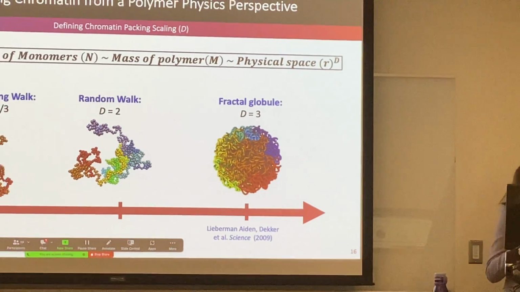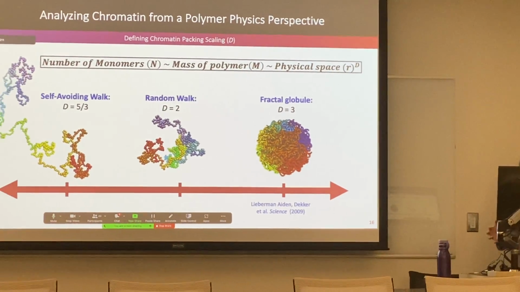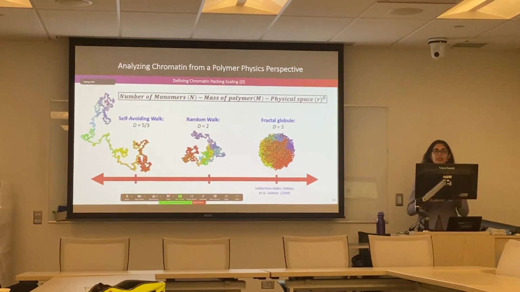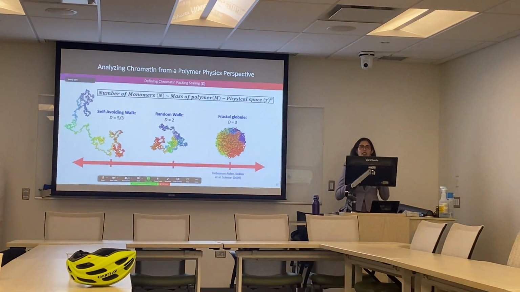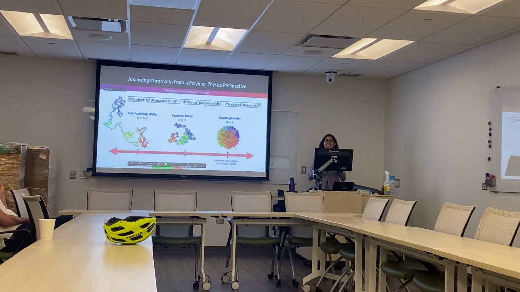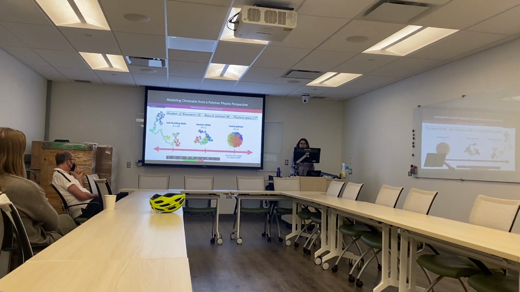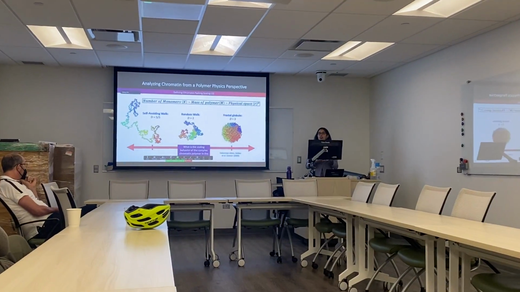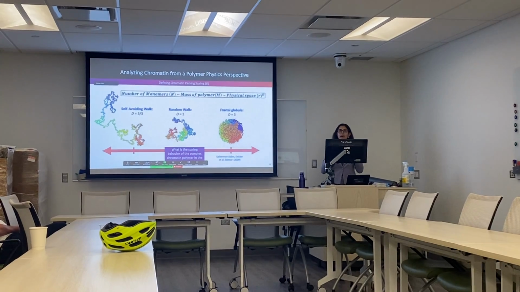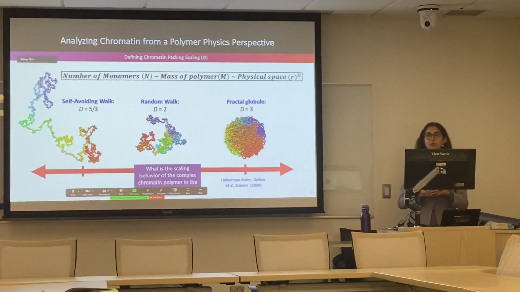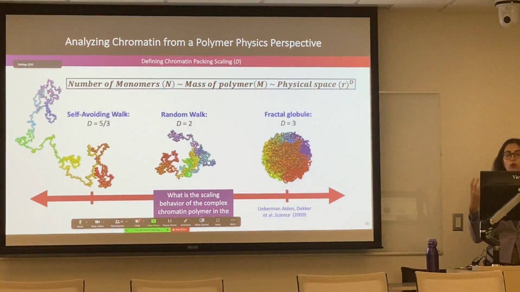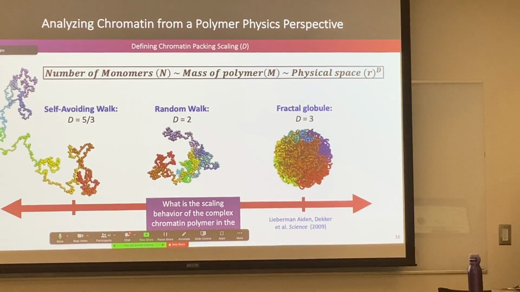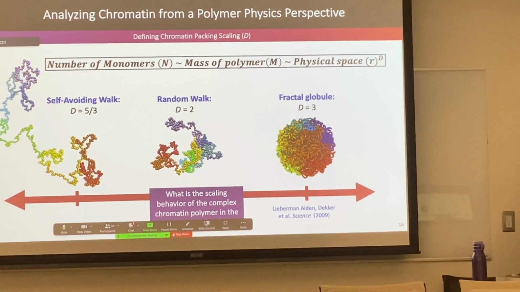However, these scaling relations are only defined for these simple systems which occur in dilute conditions, and in addition, these systems are homopolymers, which means that all of the monomers exhibit the exact same chemical behavior. However, in the nucleus, chromatin is complex because it has different chemical behavior for each of its nucleosomes. For example, the epigenome or protein binding is very heterogeneous throughout the nucleus. And in addition, the nucleus is a very dense system.